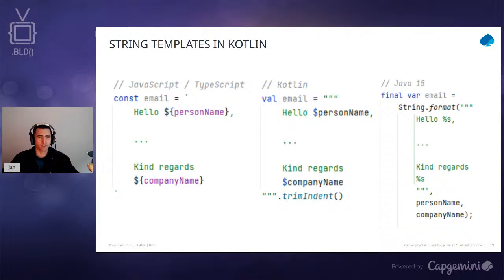And Java 15 finally caught up, and it also has string templates, or string blocks. But unlike Kotlin and JavaScript, you're stuck with string.format if you want to put values into it. I mean, it gets the job done, but it's not there yet.